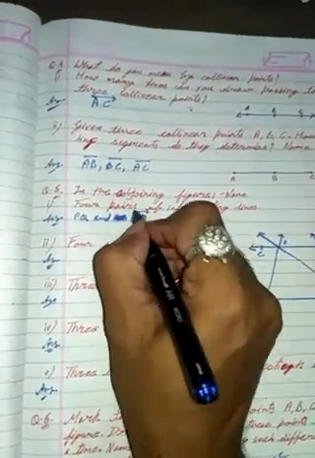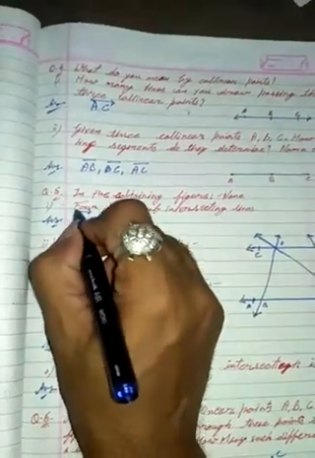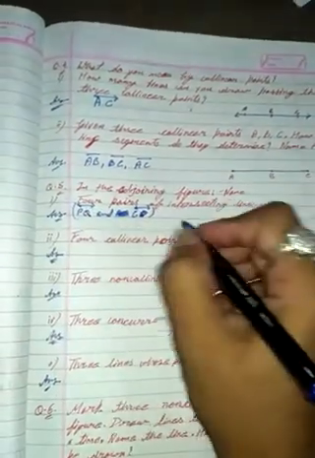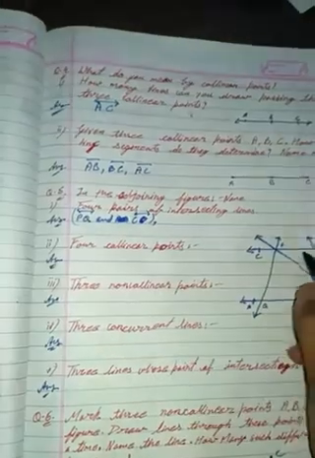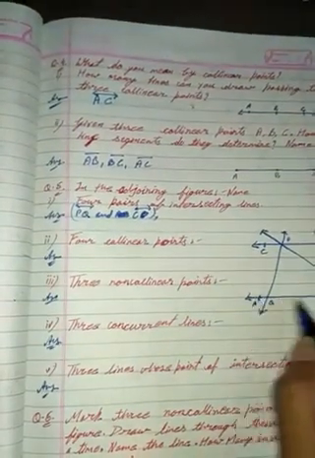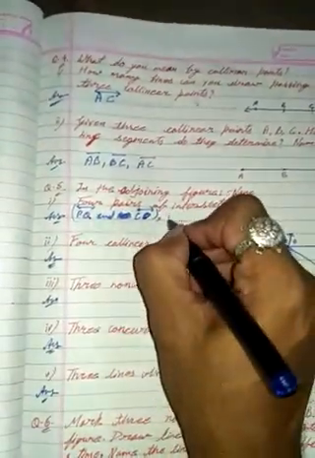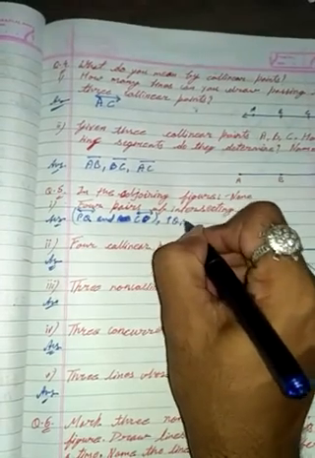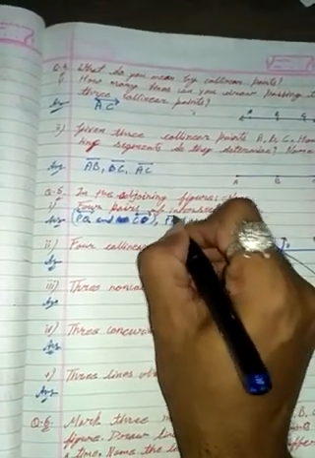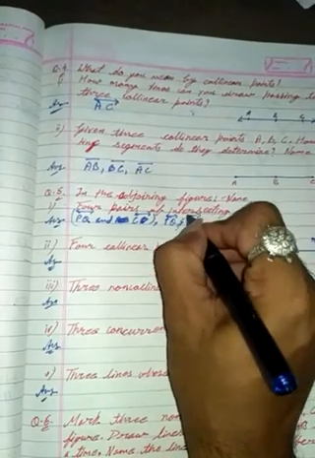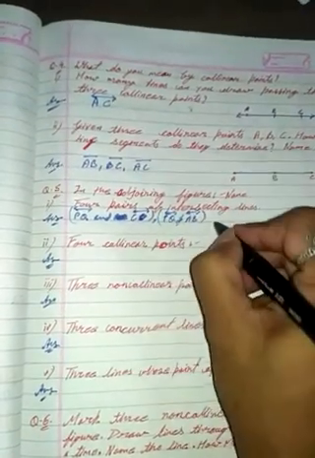Okay, lines, then you put the symbol of line. It's the first pair. Then the second pair is P, Q and AB. P, Q and AB line segment. Lines symbol.